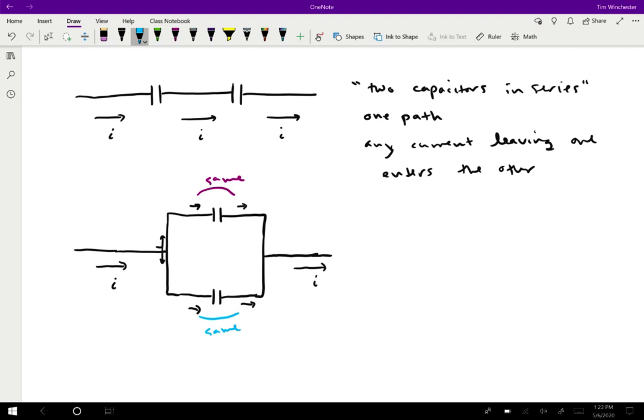But those will be different than the currents that are before and after. And the one that I colored in purple and the one I colored in blue, those can be different from each other as well. Okay, so once the current goes through those two capacitors, it'll join back up like this. And so basically the current splits here and then comes back together. Okay, so the way that we describe this situation is we say that these are two capacitors in parallel.